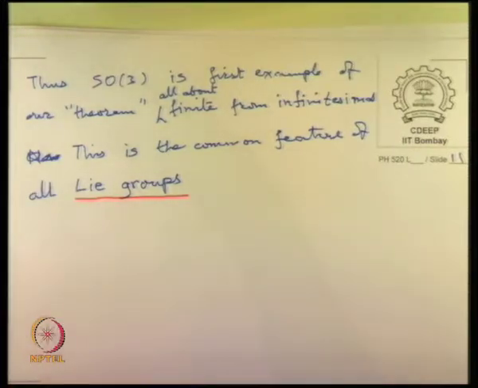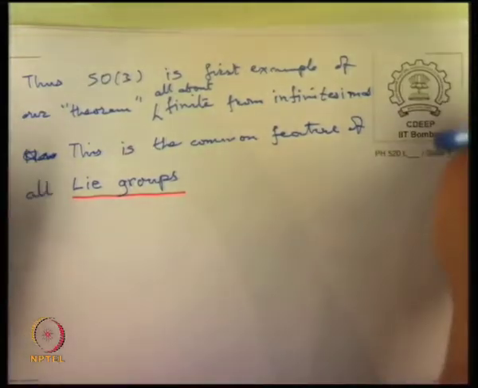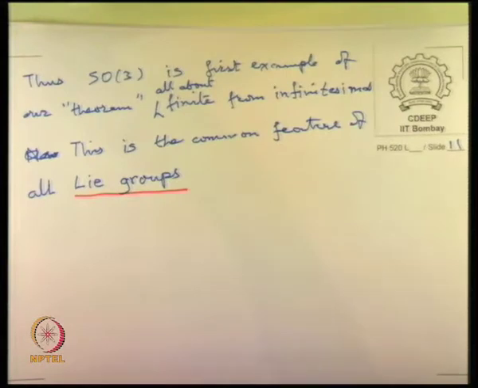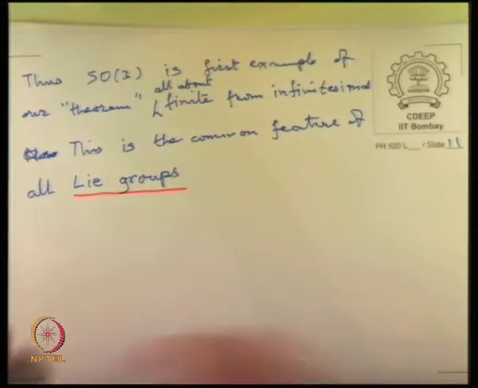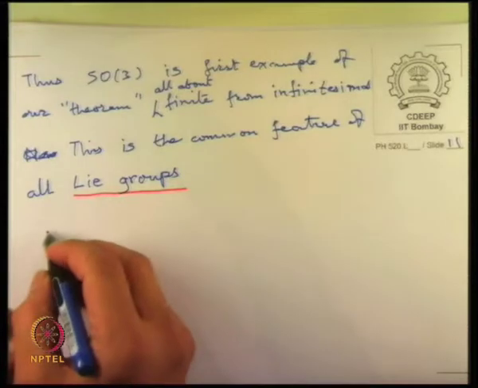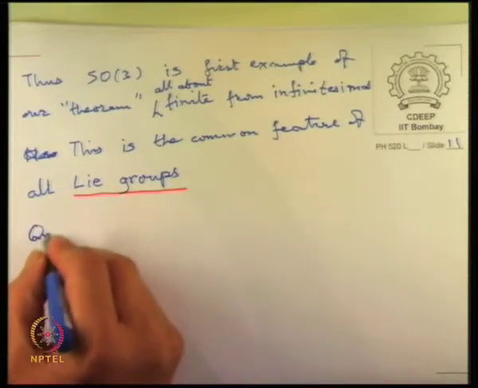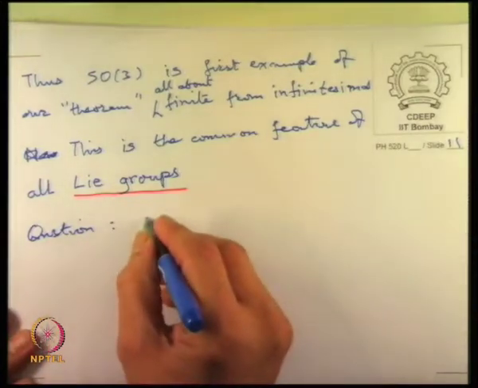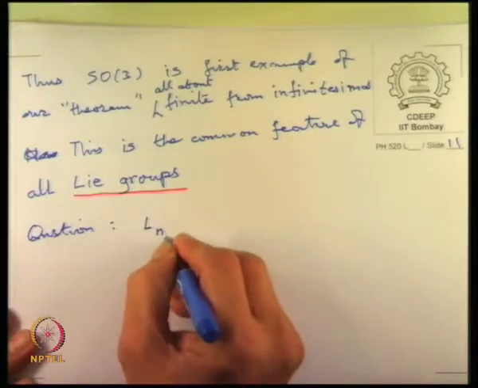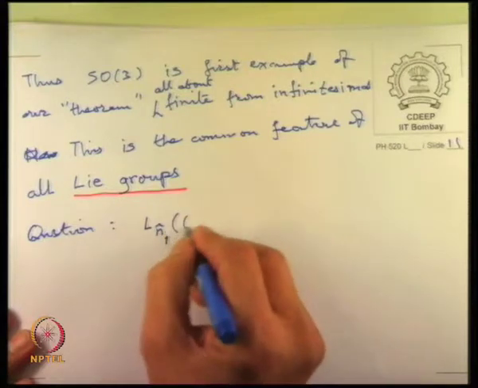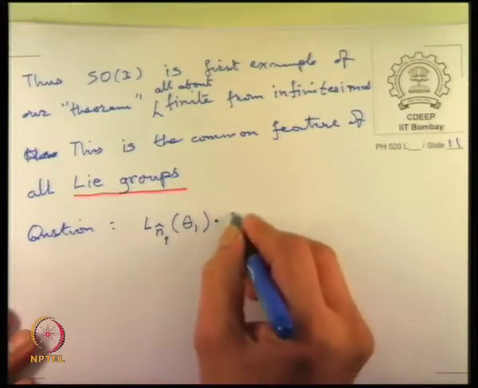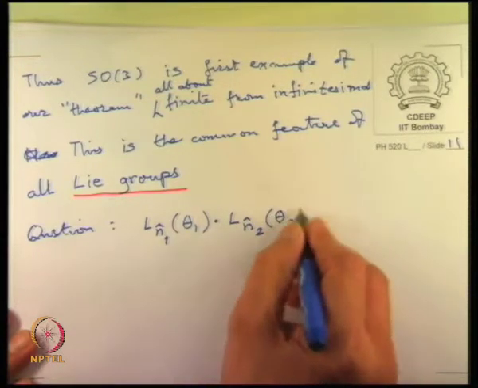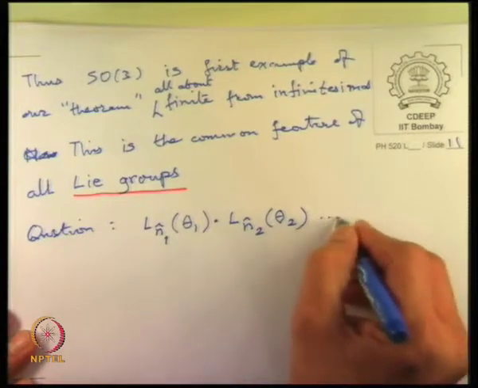So now we go to the next step, which is to check what actually happens if you take higher powers of something like n cap dot L. Generically, the question is: if I take L n1 theta 1 times L n cap 2 theta 2, do we have an easy formula?